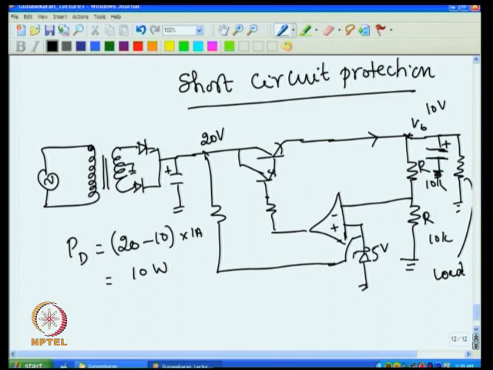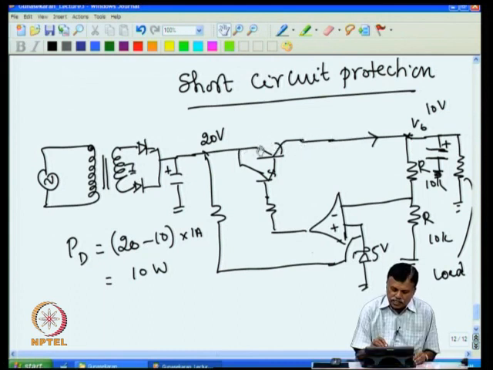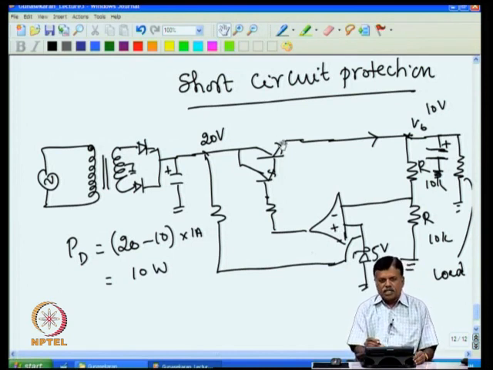Now what happens if I short circuit the load? Suppose the load is short circuited, that means instead of 10 ohms I put 0 ohm. Then, since the output is supposed to be 10 volt, a very large current flows through this transistor. If this voltage is 0 and this is 20, then 20 volt across this transistor and an enormous current flowing through it will heat it up, and the transistor gets destroyed immediately.